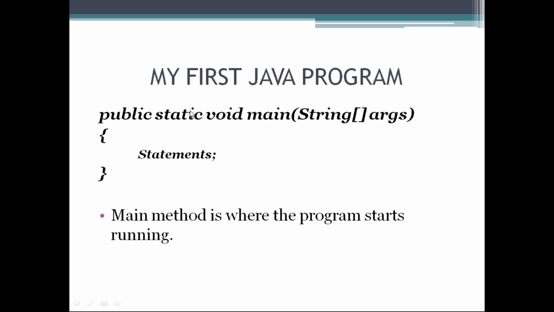So when I declare a method as static, a certain amount of memory will be allocated for my main method and only one memory location will be called main. There cannot be more than one main memory allocation. So I'm implying there can be only one memory allocation, no duplicate allocation for this. And void is nothing but it has no return type. So public, static, void, and main.